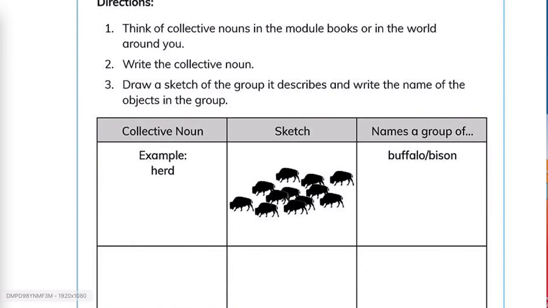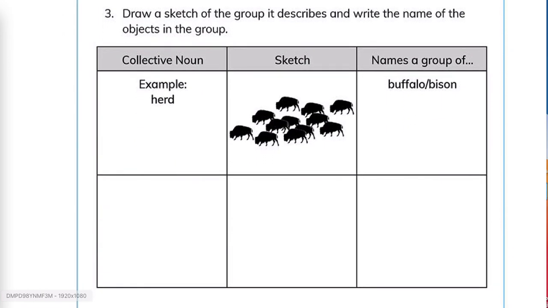You are going to write the collective noun in the blank. Then you're going to sketch or draw a quick picture. And then you're going to tell us, what does that group name?